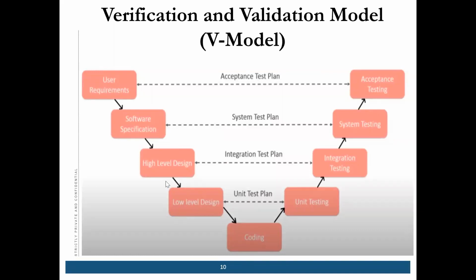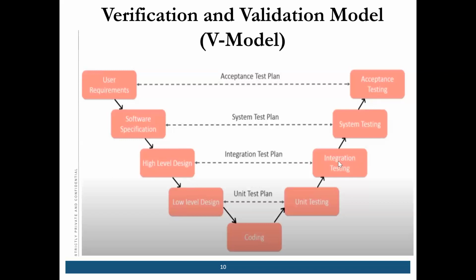Then the second phase of the verification is high level designing. High level designing is again the map, as someone said, where we are designing our documents, like how many classes need to be created, how many parent classes, child classes, each and everything they do in the high level design.